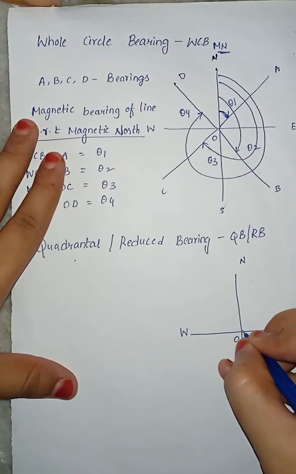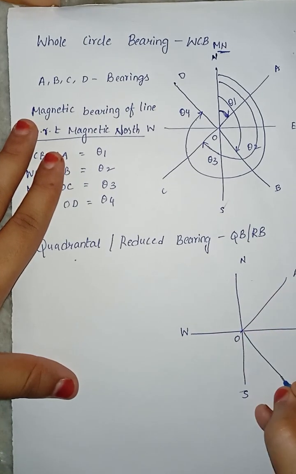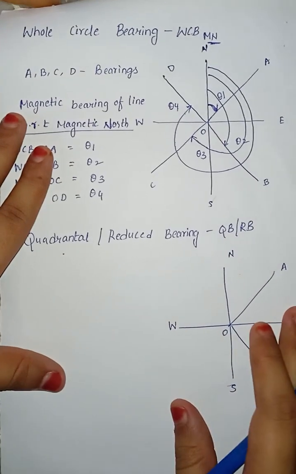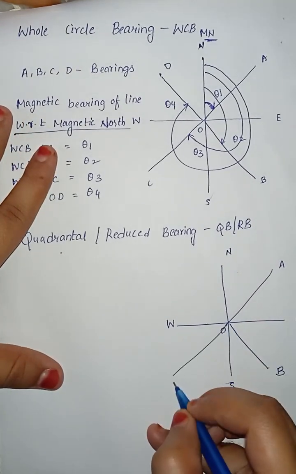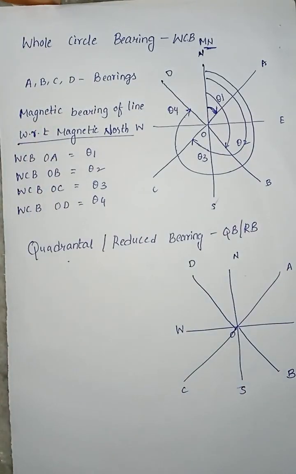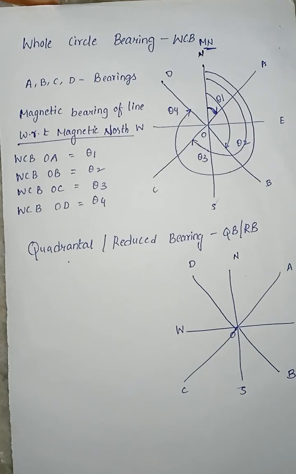This is point O, OA, OB, OC, and this is OD. Okay, what is quadrantal bearing? The magnetic bearing of a line with respect to magnetic north or south, whichever is nearest to line, measured in clockwise or anti-clockwise, is known as quadrantal bearing.